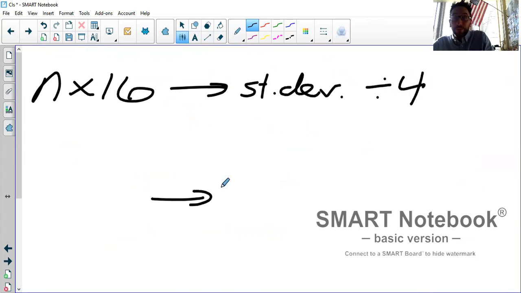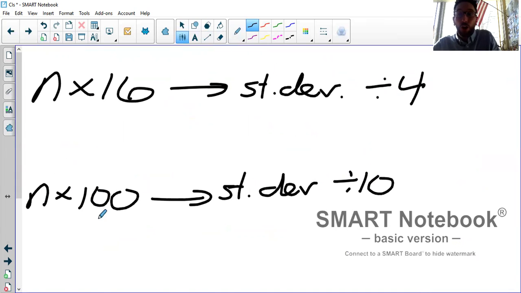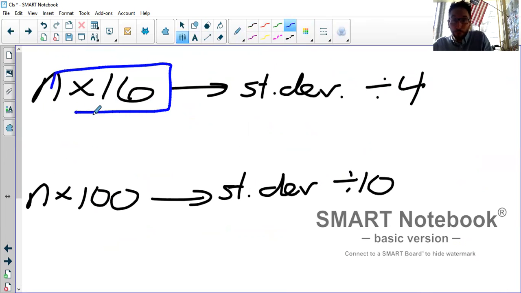For instance, if I wanted to get a standard deviation that was 10 times smaller, divided by 10, I would need to take a sample that's 100 times larger. And the idea here is, whatever factor we increase the sample size by, the standard deviation is only going to be divided by the square root of that value.